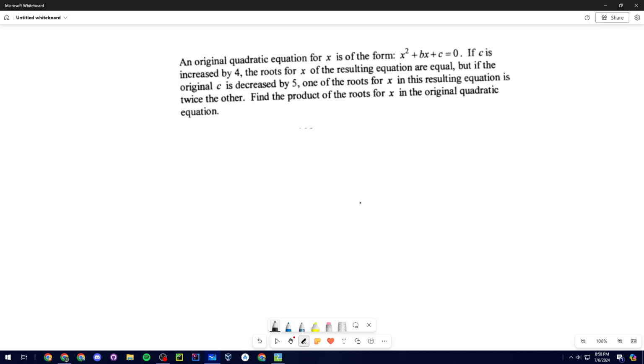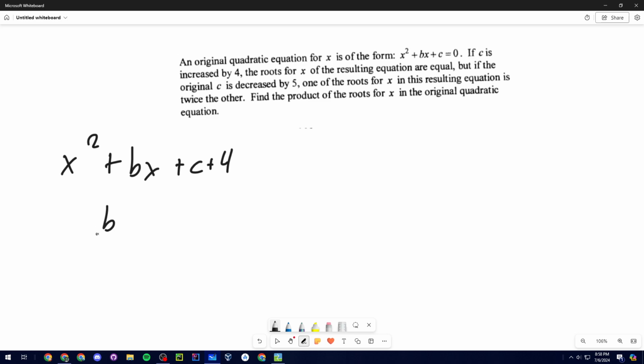Okay, the original quadratic equation for x is that form. If c is increased by 4, the roots for x are equal. So here, x squared plus bx plus c plus 4.